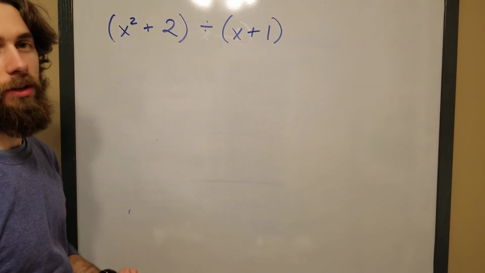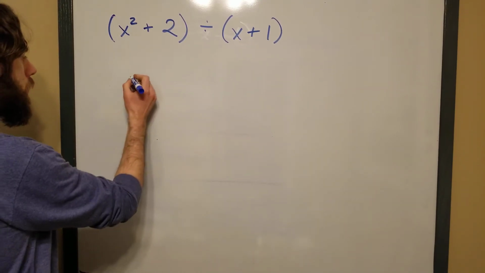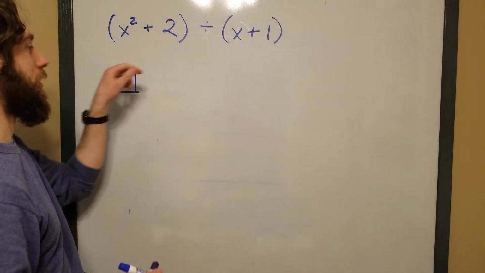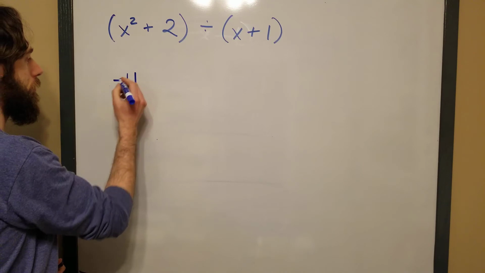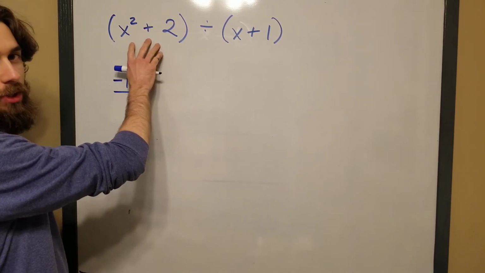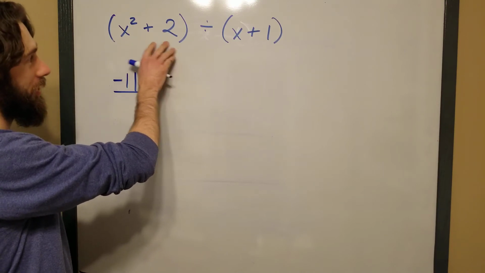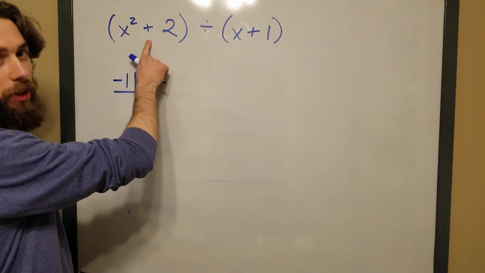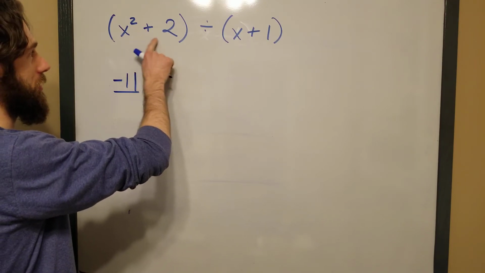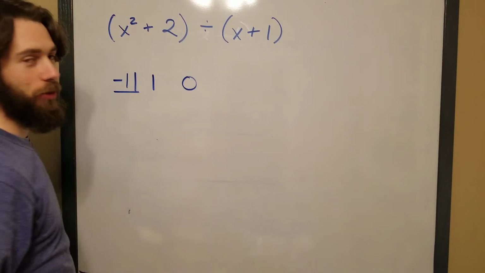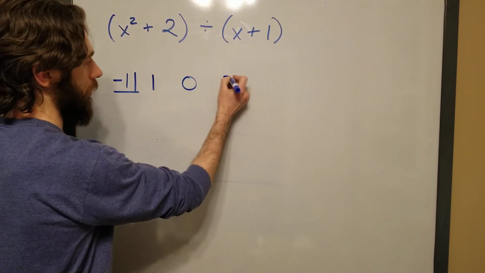We can do synthetic division on this. We need to put the negative of whatever is here in the box. So plus 1, we put a minus 1 there. And then when we list the coefficients of the dividend here, we need to have a coefficient of 0 for the x term, since there's no x in this. So we have 1 for x squared, 0 for the x, 2 for the constant.